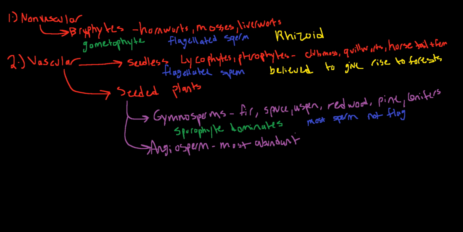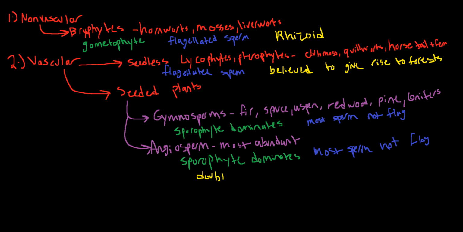Similar to gymnosperms, the sporophyte dominates, and most of the sperm is not flagellated. Finally, one unique characteristic about them is that they can do double fertilization.